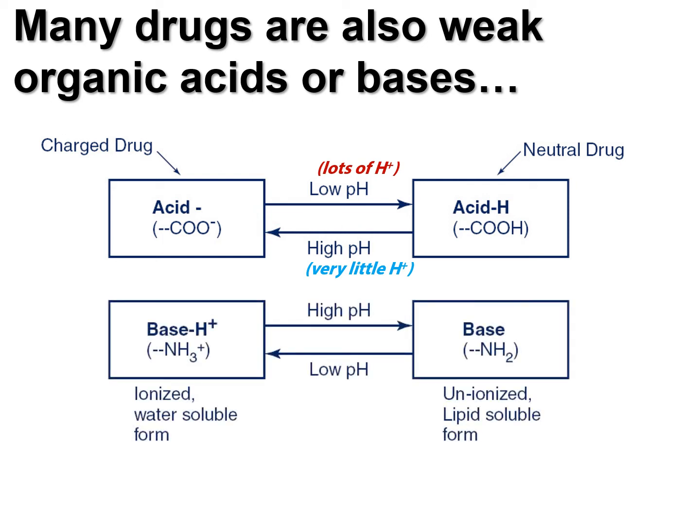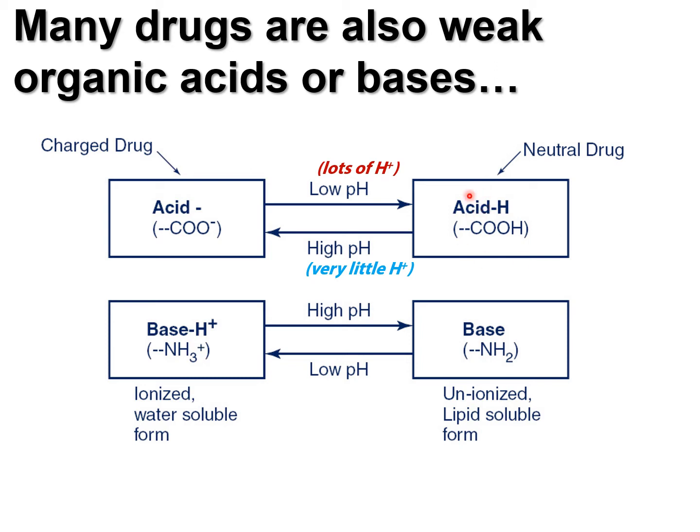With the bases, for instance, I'm going to start with the bottom here. If we're in a low pH environment, again with lots of H+, it will push an extra proton onto this, in this case an amino group. Now we have NH3+. So this is charged, much less able to move through a plasma membrane.